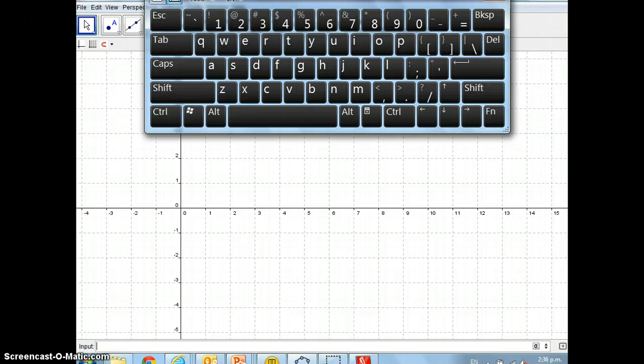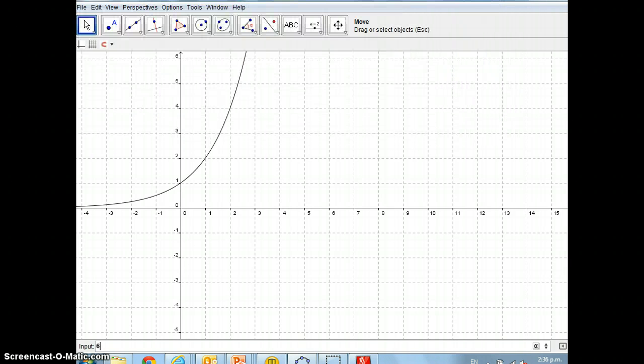Okay, so if I type in y equals 2 to the power x, you can't even see where that's getting typed into, but enter, get rid of that. Okay, I'll move it along so you can see it.